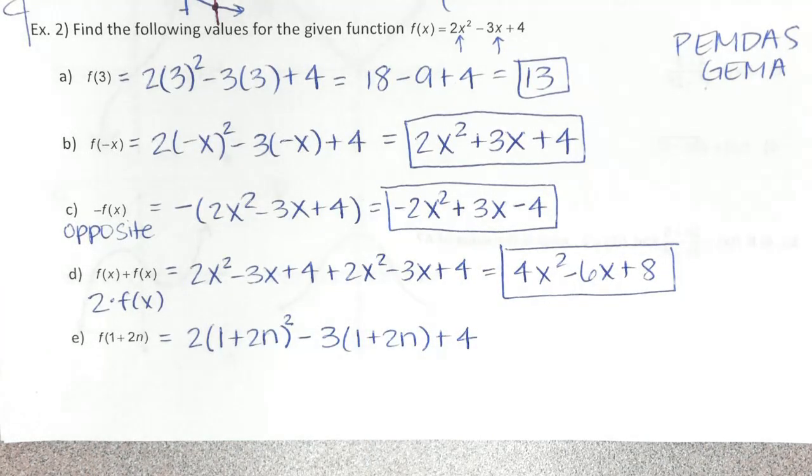So first you're going to square. Then you're going to multiply. Then you're going to add. Just raise your hand when you think you have the simplified answer. You're gonna square it out, multiply it out, combine like terms.